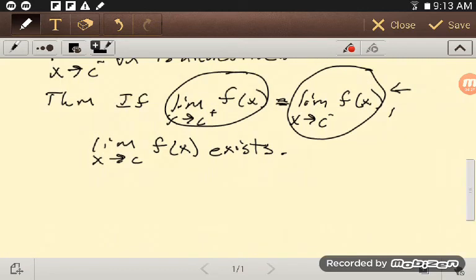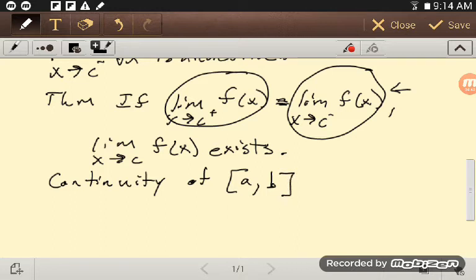And so on a closed interval, so continuity on [a, b], if I write it that way, it's a closed interval. What I need is continuity of f of x on [a, b].